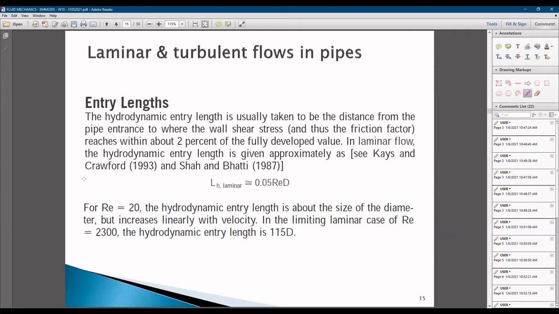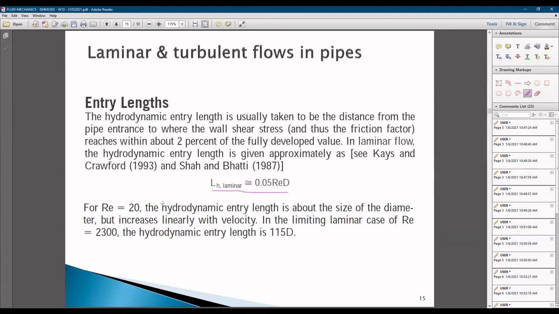In laminar flow, the hydrodynamic entry length is given approximately as this. You can refer to Kays and Crawford 1983 and Shah and Bhatti 1987 for that. For laminar flow, it is approximately 0.05 times the Reynolds number times the diameter of the pipe.